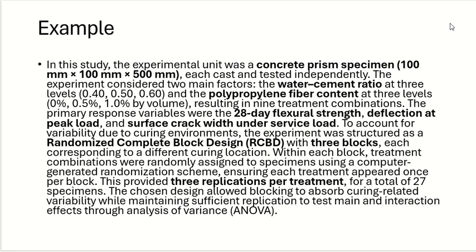Within each block, treatment combinations were randomly assigned to specimens. So in each block, I will randomly take, for example, 0.5 water cement ratio and 1% fiber content, using a computer-generated randomization scheme, ensuring each treatment appeared once per block.